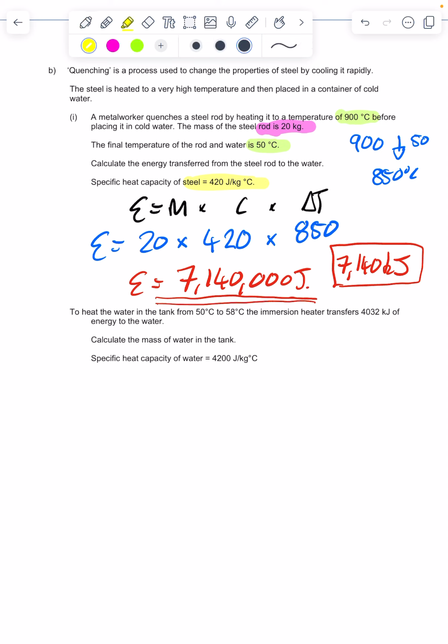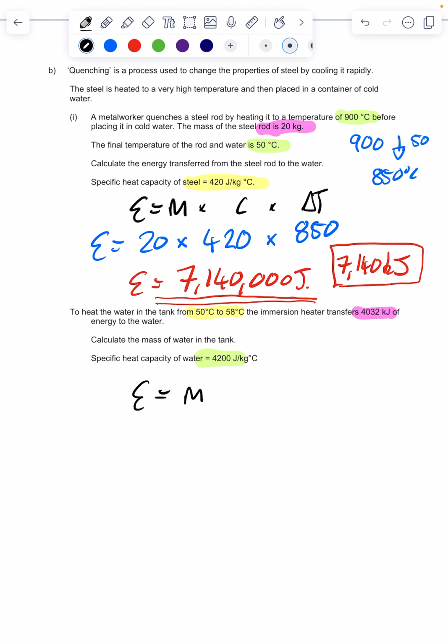The last question says, to heat the water in the tank from 50 to 58 degrees, the immersion heater transfers 4,032 kilojoules of energy to the water, and we are given the heat capacity of the water as 4,200, and we've got to calculate the mass.